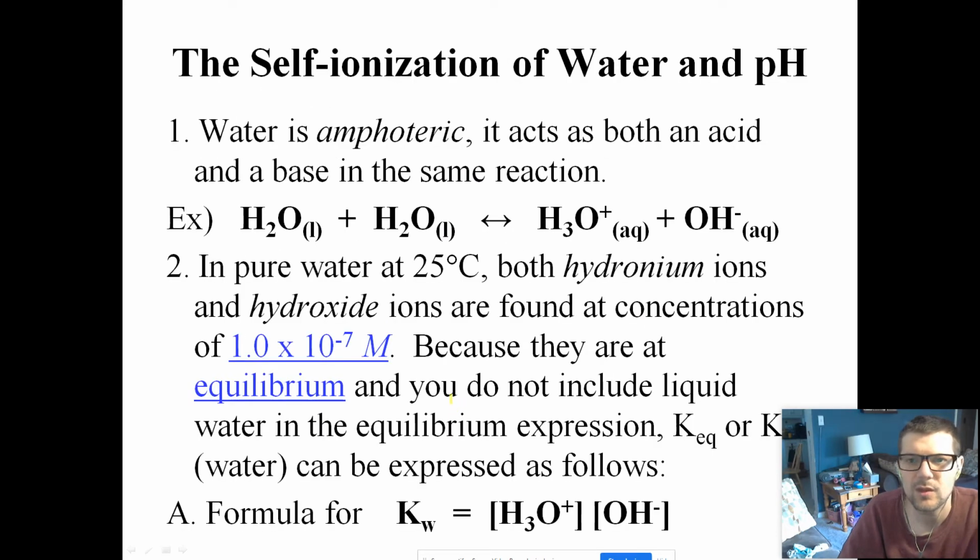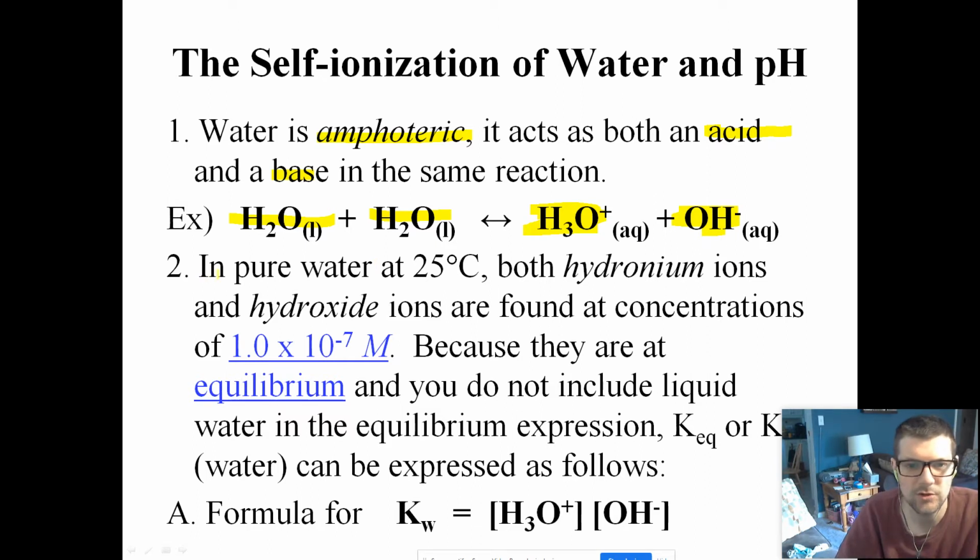Now, what happens is that water is something called amphoteric. It can react as an acid and a base in the same reaction, because it can be water, right? But it can also gain hydrogen to become hydronium or lose hydrogen to become hydroxide. In pure water, this is actually happening.